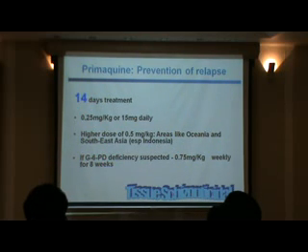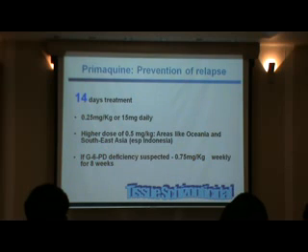With Plasmodium vivax we normally see many patients with relapses, so we have to prevent that relapse. We follow the complete chloroquine course with primaquine, a 14-day treatment of 0.25 milligram per kg.